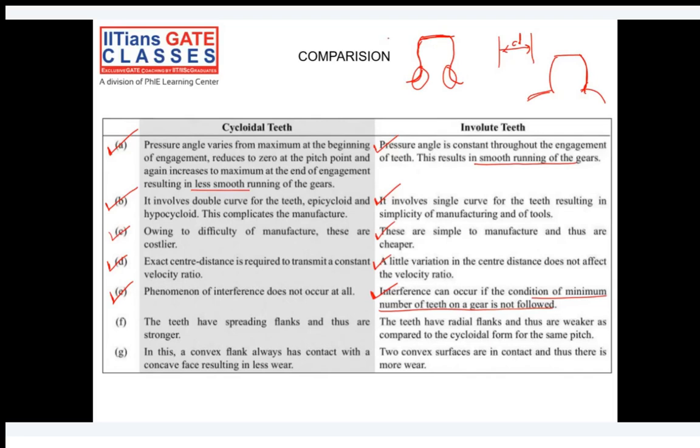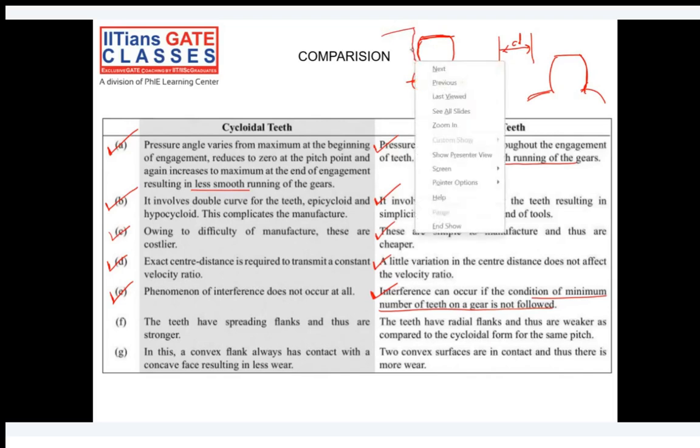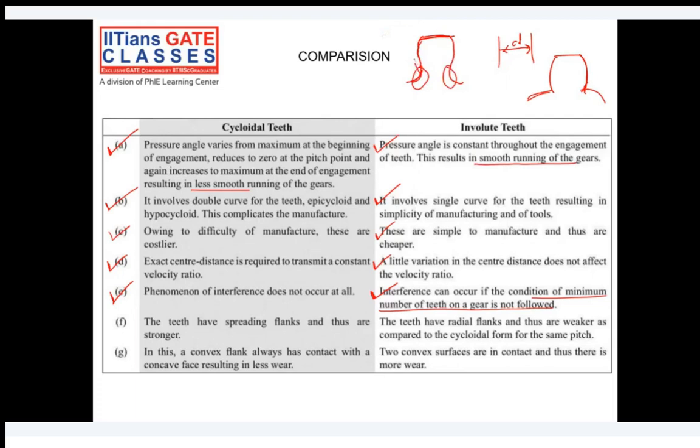If any other gear tooth is coming, it will not interfere with the first gear, and we can easily avoid the interference. But in case of involute profile, that is not the case. We don't have such an undercut or concave part in this profile. We only have the convex part, and because of that, interference can occur here, but deciding the optimum number of teeth so as to avoid the interference will help us in case of involute teeth.